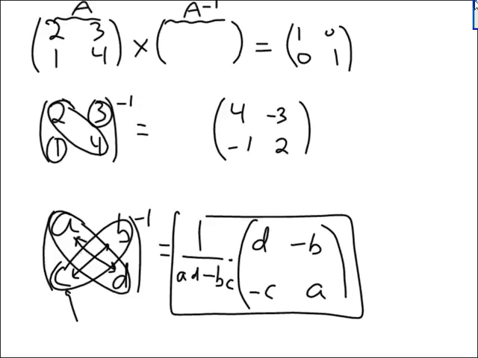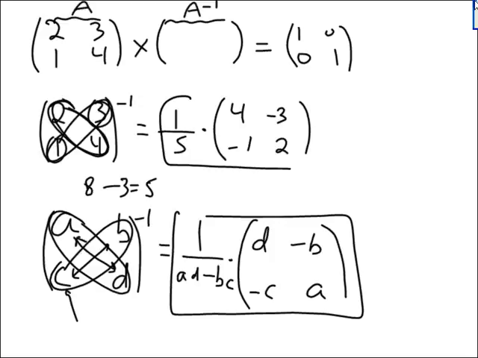You can do that first, or you can do this part I'm about to do first. Doesn't matter. It's 1 over this product, which is 8, minus this product, which is 3. And 8 minus 3 is 5. And there is your inverse.